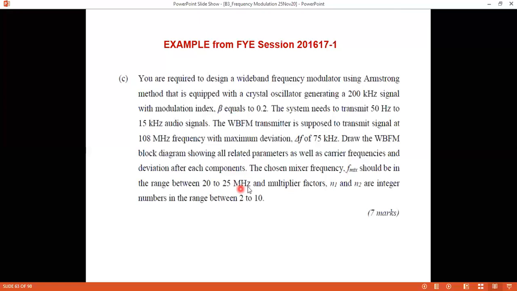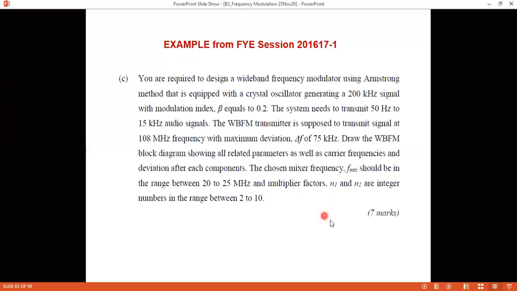So we're given the range for our FLO, which will guide us on a suitable value for our mixer. The multiplier factors N1 and N2 are integers between 2 to 10. Since you're given 2 multiplier factors, we know that we need to use 2 multipliers.